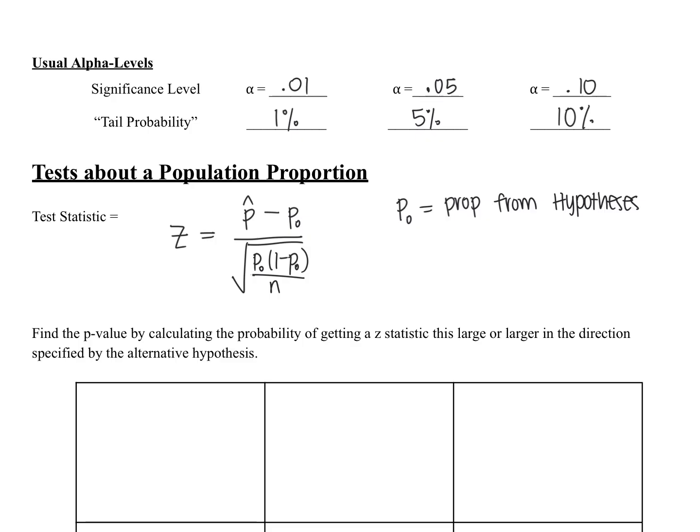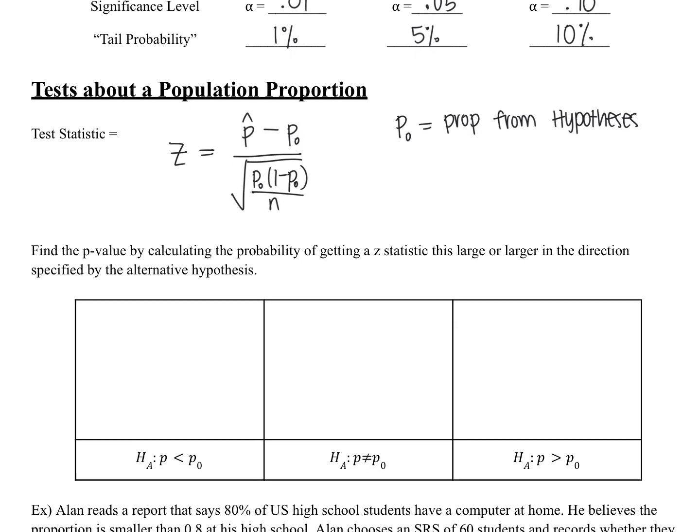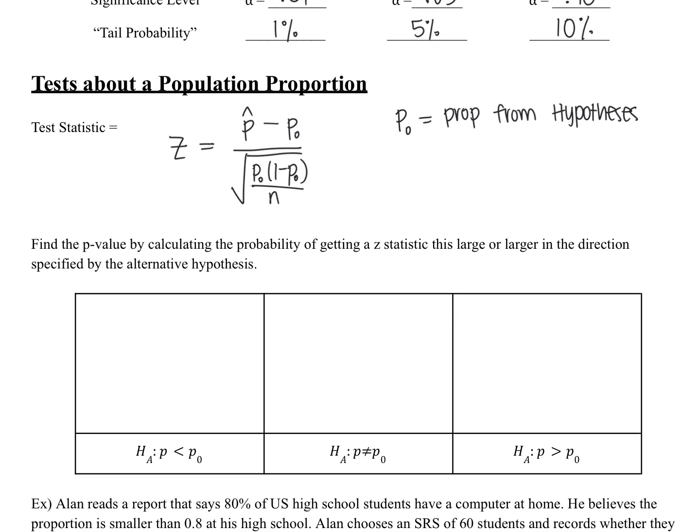Okay. Now, when we calculate our p-value, our alternative hypothesis determines if we're finding the probability above or the probability below. If you remember back to normal curves, if our alternative hypothesis is that we want to be less than, in a normal curve our mean is 0.